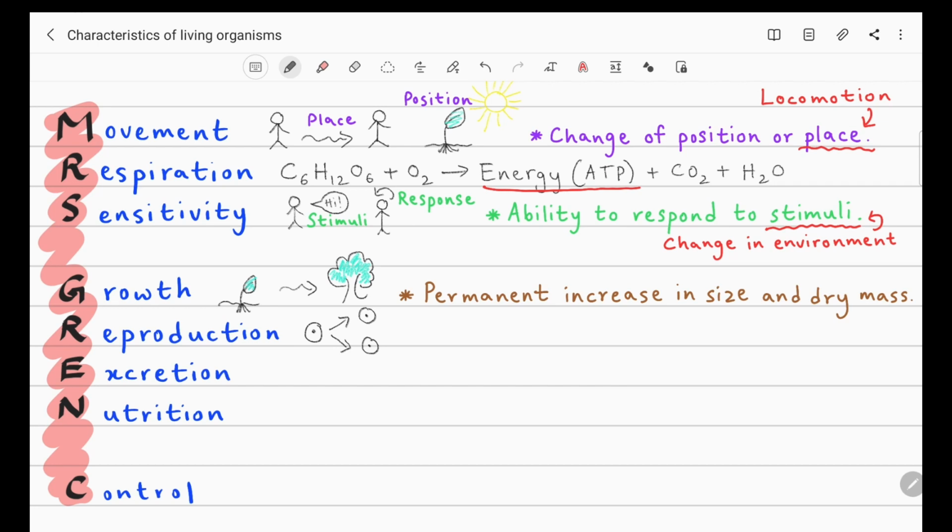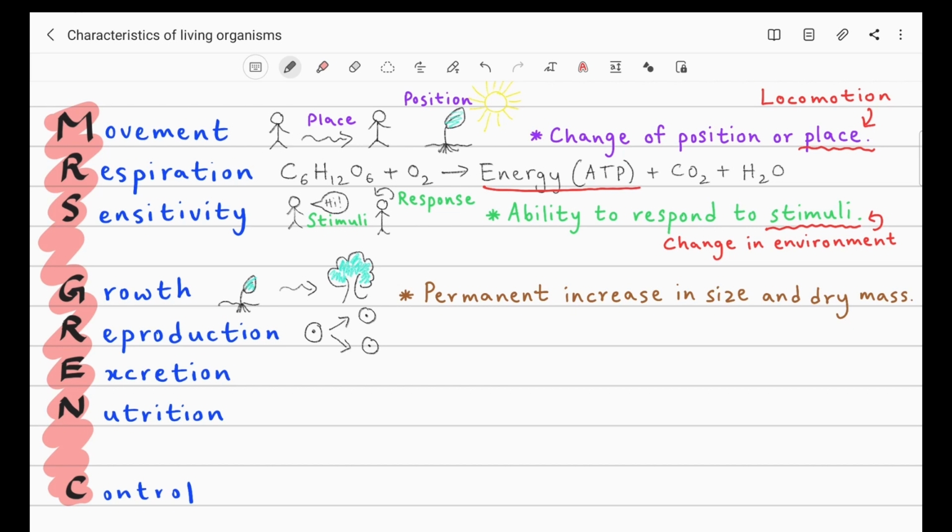Whereas multicellular organisms such as plants and animals may reproduce either asexually or sexually. Asexually is when it's only one parent that is involved in reproduction, and sexually is when there are two. Reproduction is actually extremely important to the survival of a species and the population.